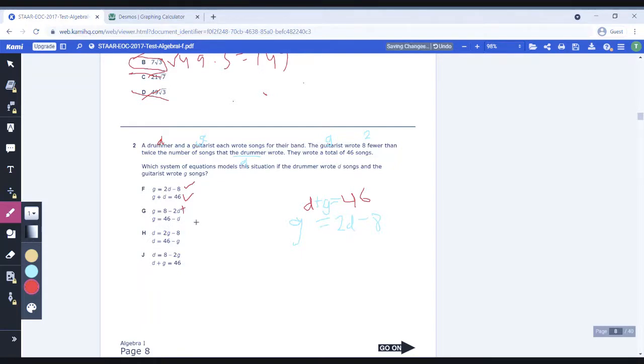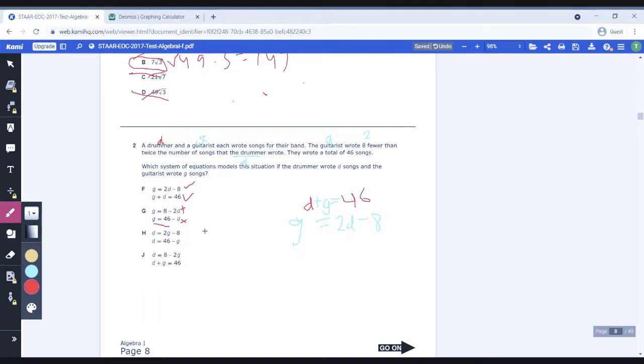G equals 46 minus D. No, we don't have that equation either. It's G plus D equals 46. In this situation, this one wouldn't really match the equations.